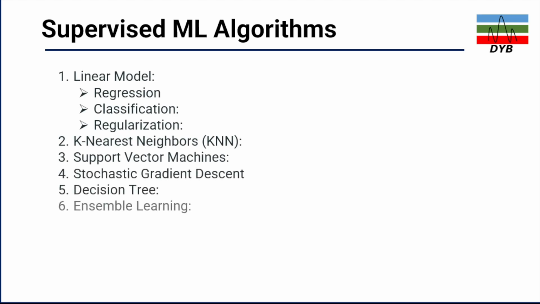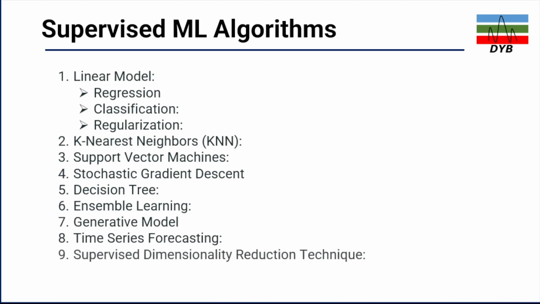Also in supervised machine learning, we have k-nearest neighbor (KNN), support vector machine, stochastic gradient, decision tree, ensemble learning, generative models, time series forecasting, and supervised dimensionality reduction techniques. So these are the 9 machine learning algorithm families used for supervised machine learning. Today we are going to start with the linear model.